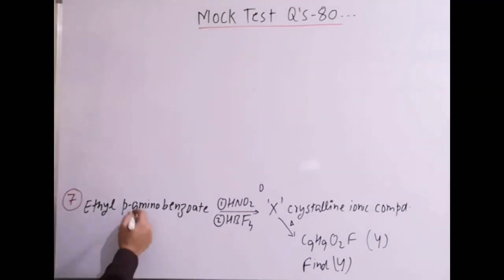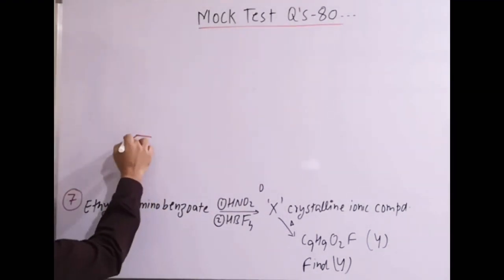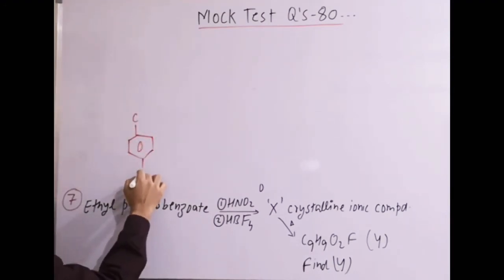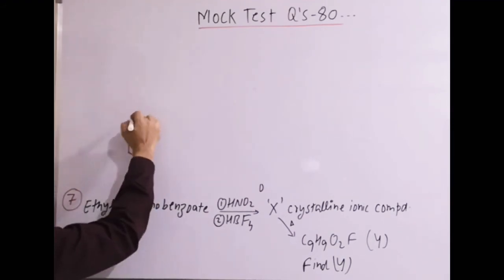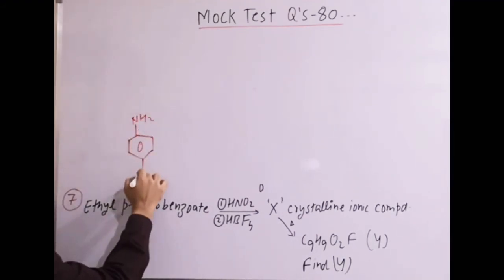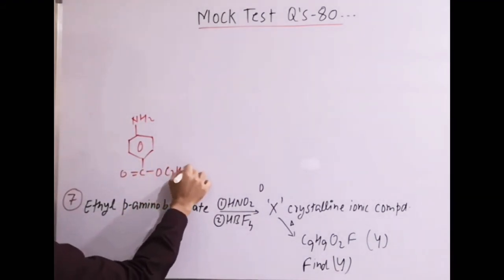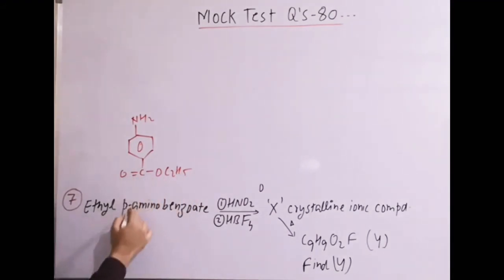Okay, you can try this question, I am explaining it. Now ethyl para-aminobenzoate, the structure is ethyl and it is para-amino. So here I am writing it so that it will be easier, para-amino, and this is C double bond O, OC2H5, right? This is ethyl para-aminobenzoate, the IUPAC name.